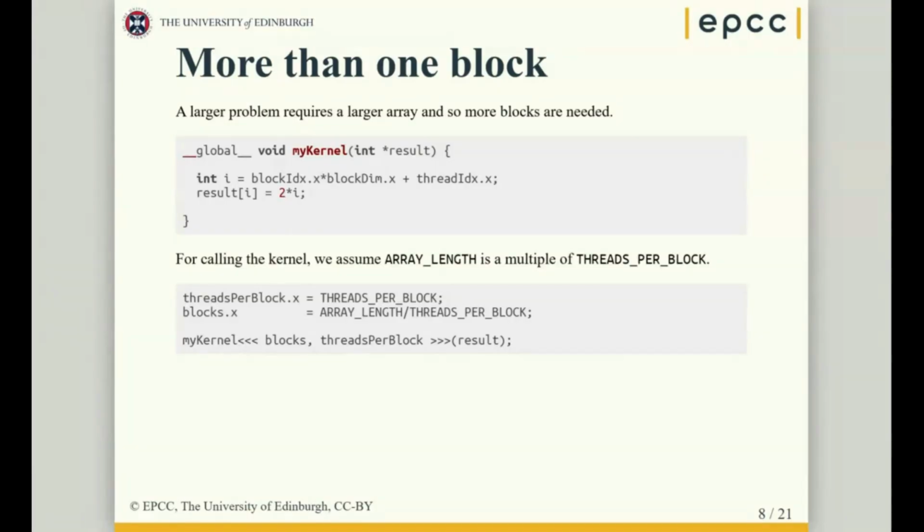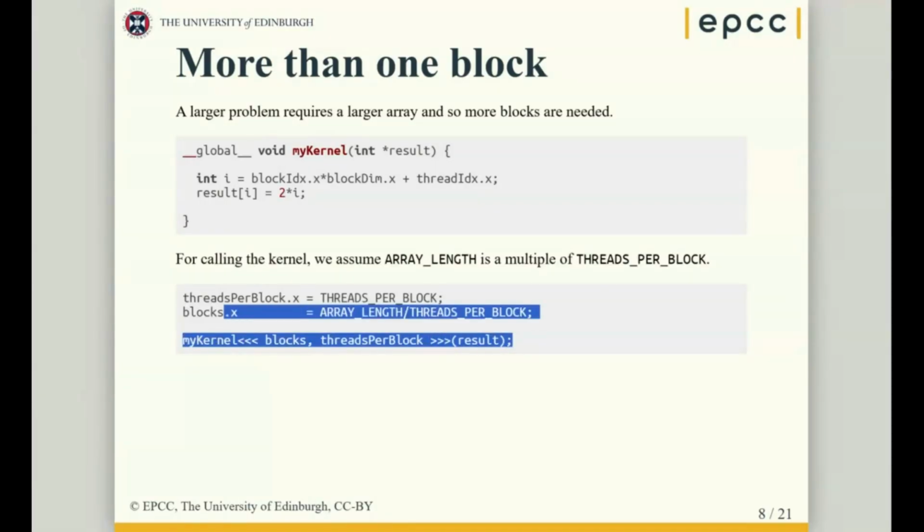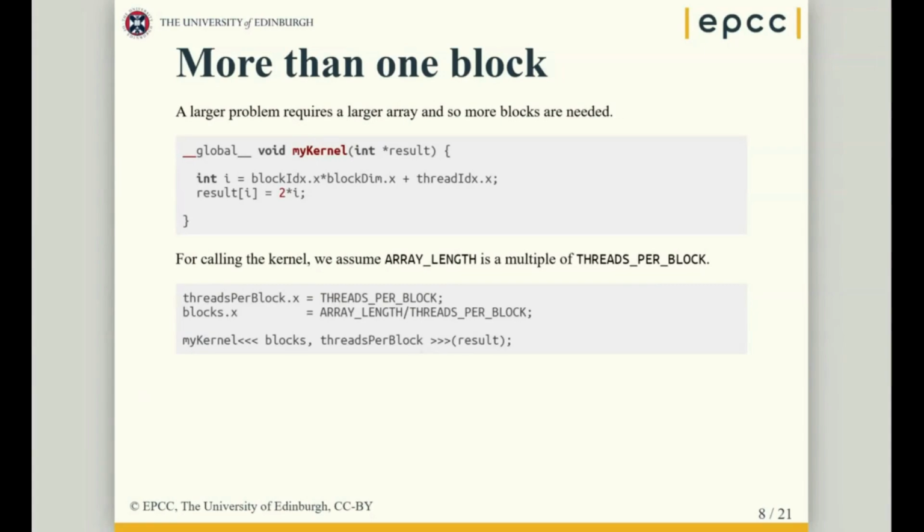Okay, and here for simplicity, we will see later that it's not always the same. So we have the threads per block. Let's say, for instance, imagine that the array is 512 and threads per block will be 256.